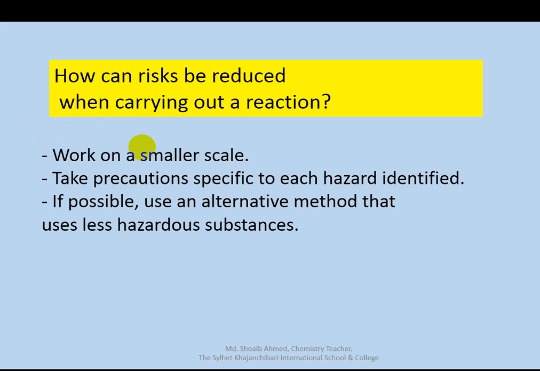If the chemical is an irritant, I'll put gloves on my hands. So take precautions specific to each hazard identified, and work on a smaller scale. We will not take large amounts of chemicals; we use small amounts. If possible, we can use an alternative method that uses a less hazardous substance.